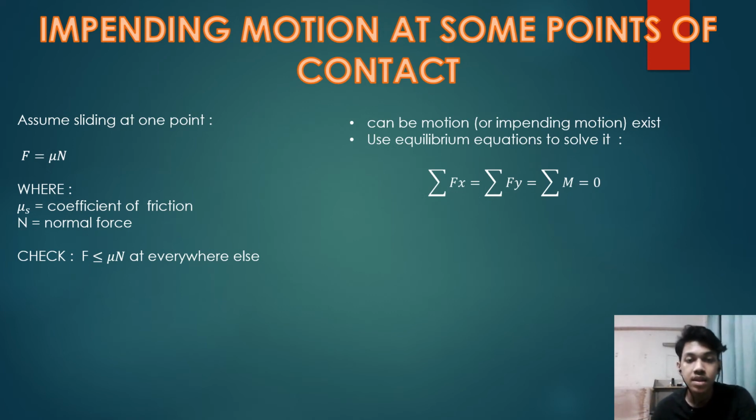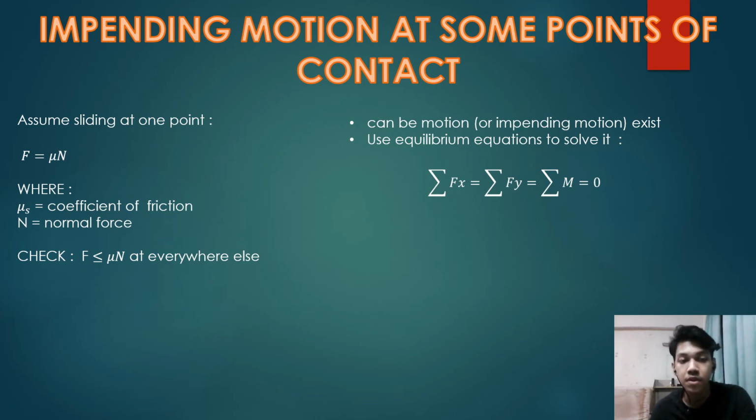This kind of problem can be either motion or impending motion. Next, we also need to use the equilibrium equations, which are the same: summation of Fx equal to 0, summation of Fy equal to 0, and summation of moment equal to 0.